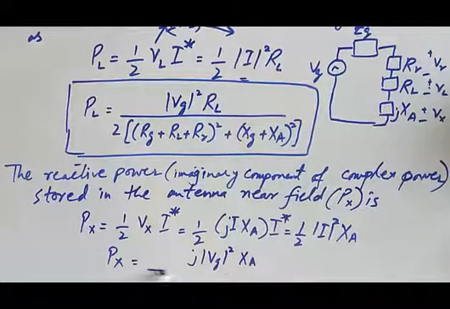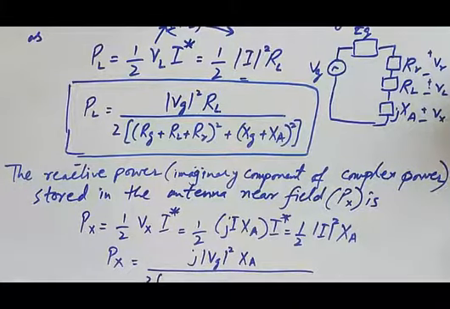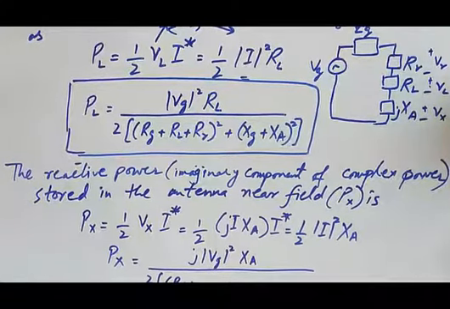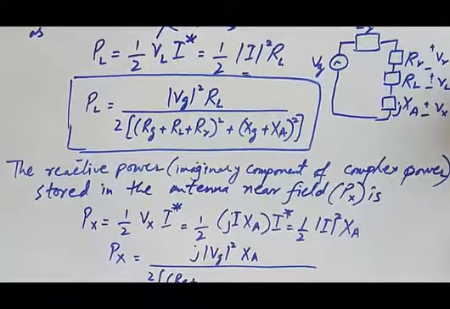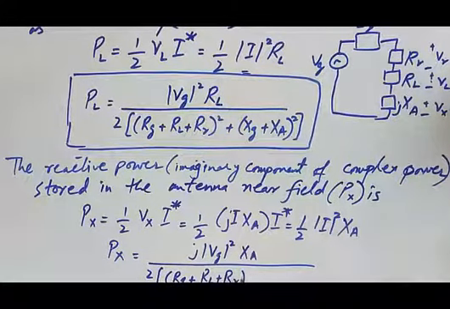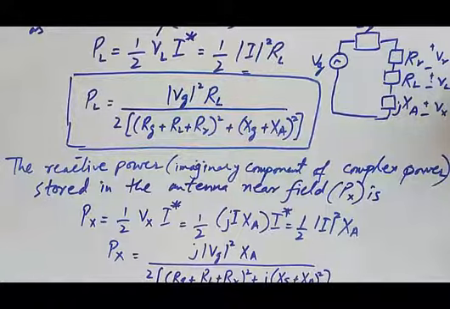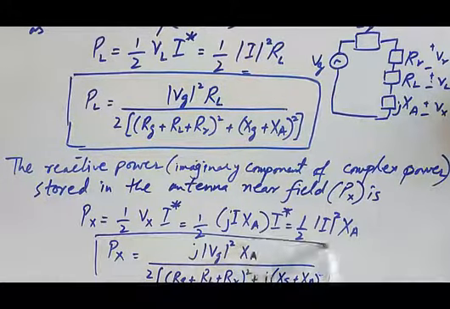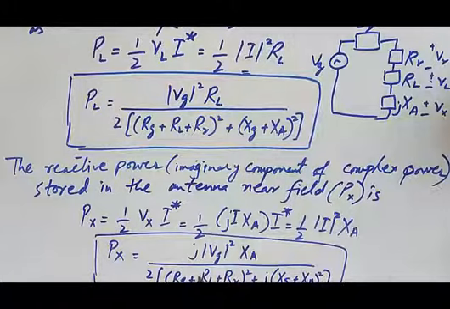It is XA divided by 2, over the magnitude squared of RG plus RL plus RR plus j times XG plus XA. So this is the equation for the energy stored in the antenna near field.